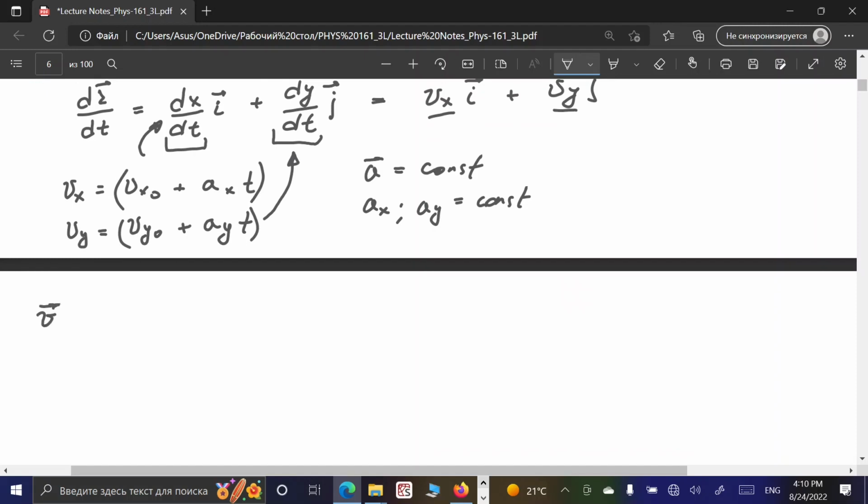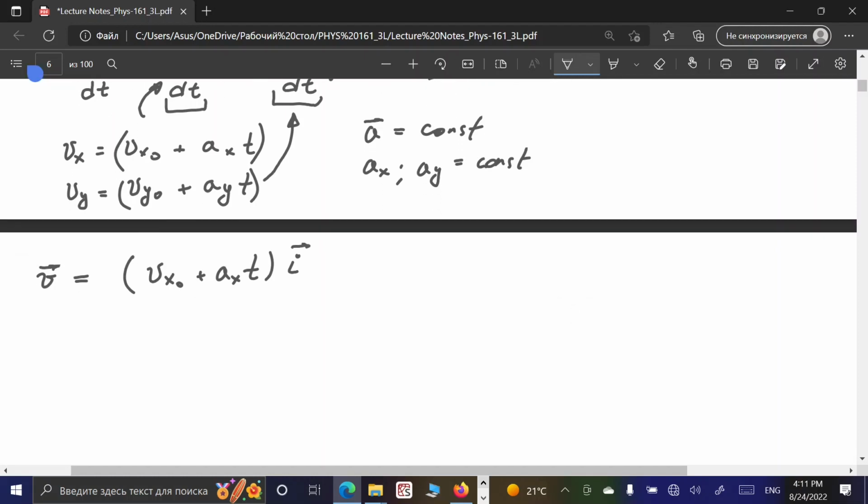So the velocity vector is equal to vx naught plus ax times t, times i unit vector, plus vy naught plus ay times t, times j unit vector.